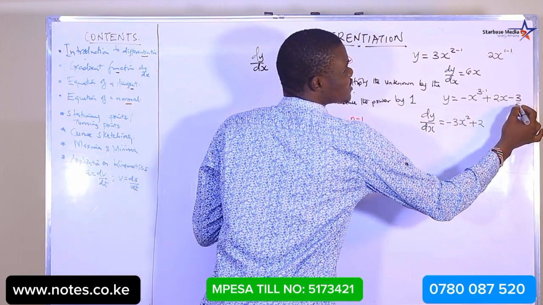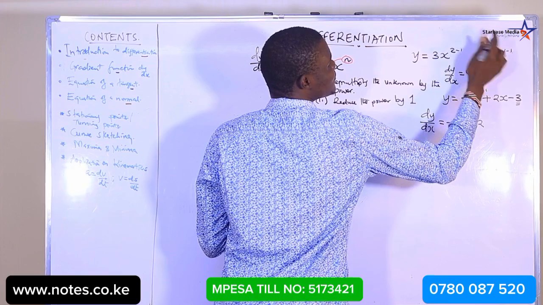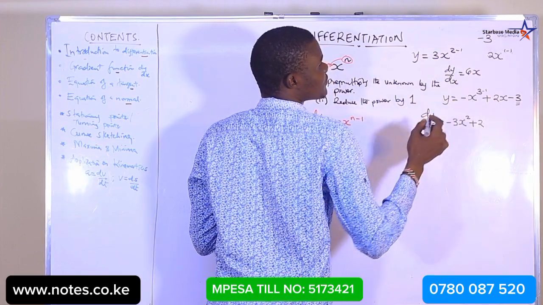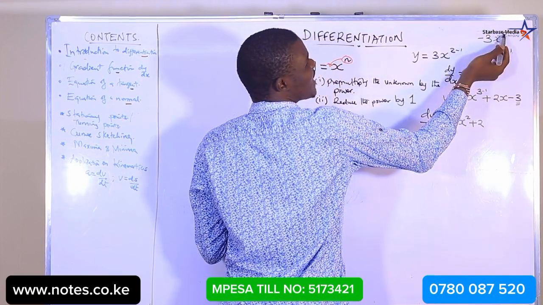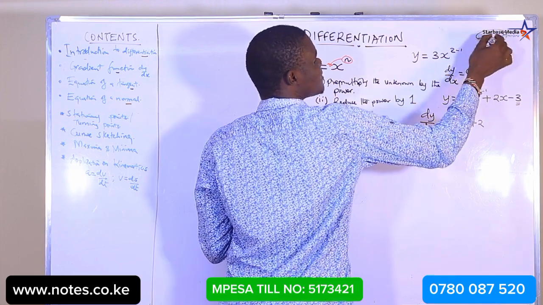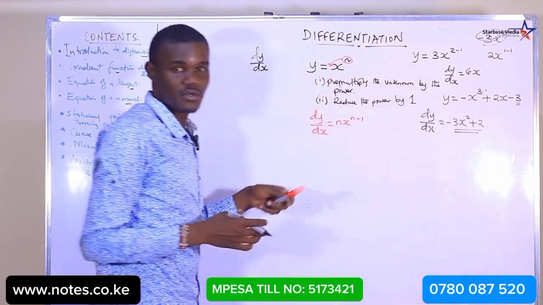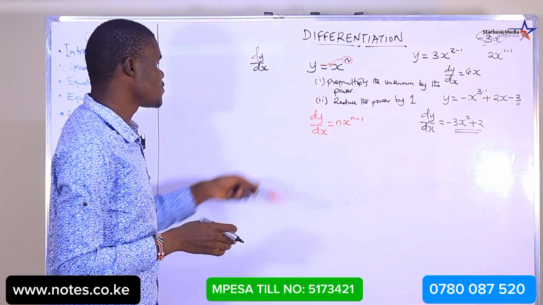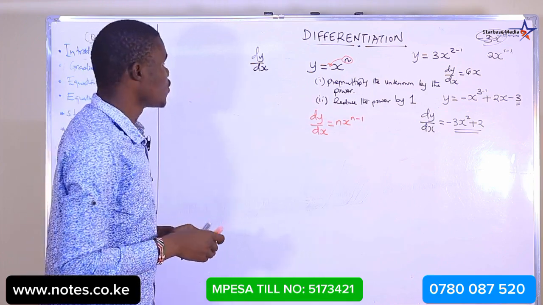Why this 3 does not appear is because negative 3 is like negative 3x raised to power 0. So when you multiply 0 by negative 3, it nullifies everything, so it does not form part of our differential. Okay? Yes, so once you know how to do that, then you're very much good to go.